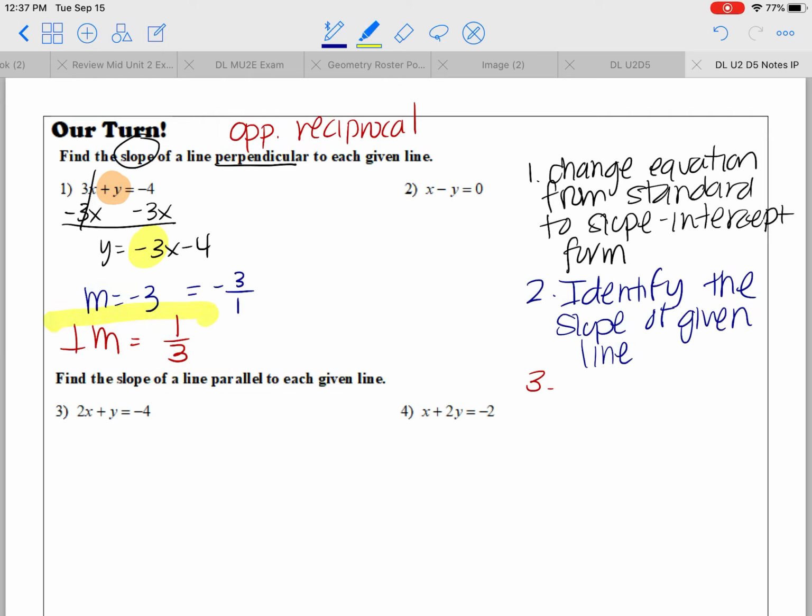Okay, so the answer here would just be this one. The slope of a line perpendicular to the line given will be 1/3. So my step 3 here would just be, if they're asking me for perpendicular slope, take the opposite reciprocal. But if they ask me for parallel slope, then I'm gonna keep the same.